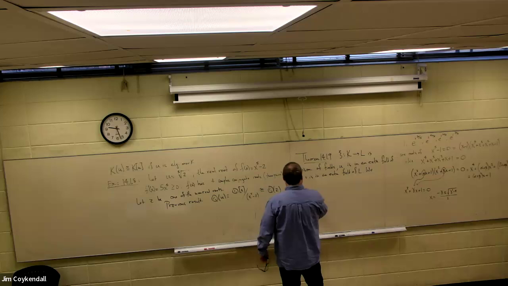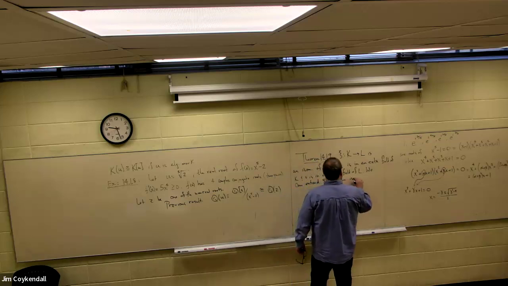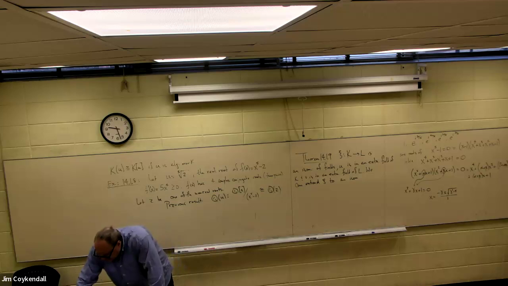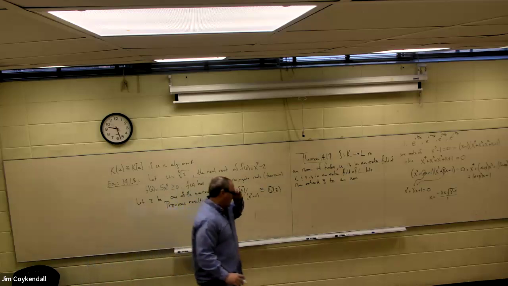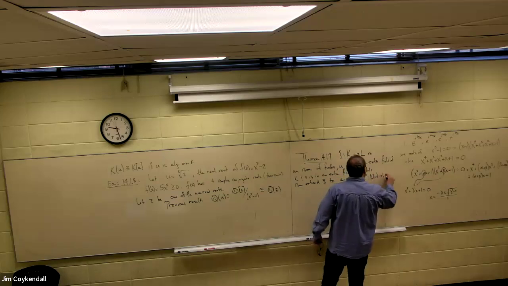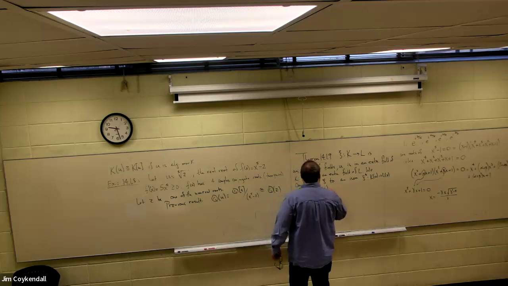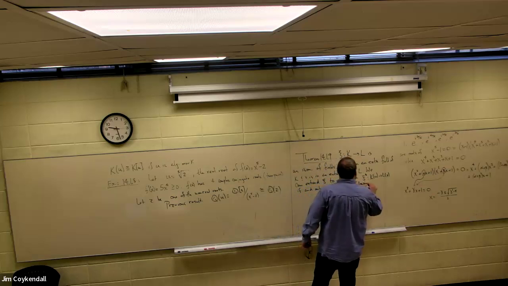We can extend it to an isomorphism, that I call star, from K(u) to L(v), if and only if one of the following holds.